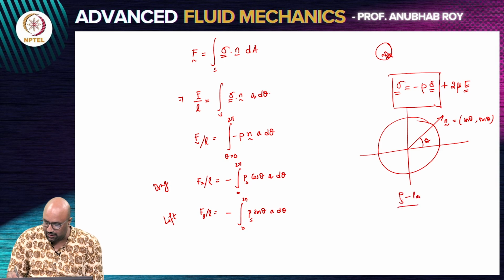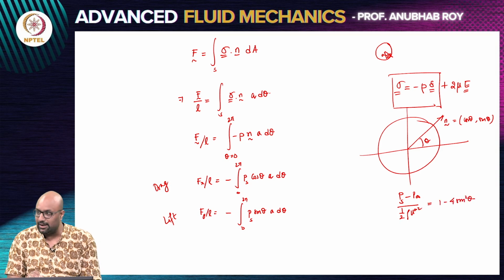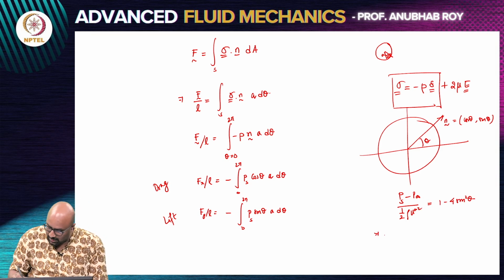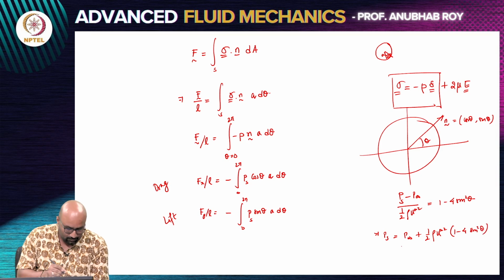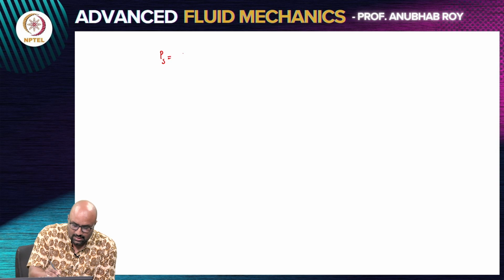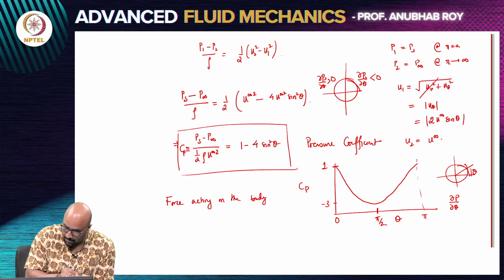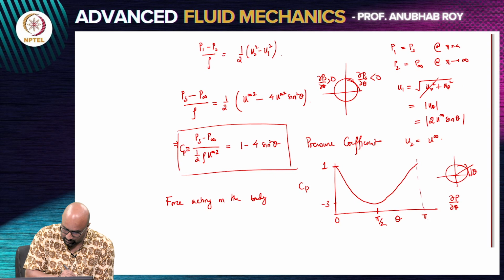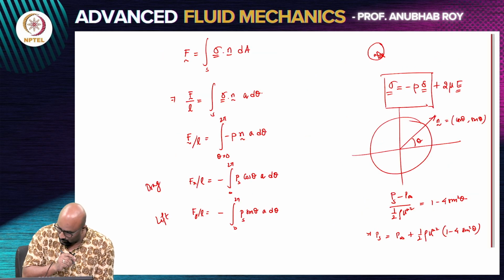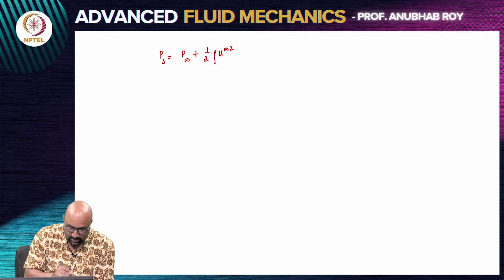So (Ps minus P infinity) over half rho u infinity square is equal to 1 minus 4 sine square theta, which means Ps is P infinity plus half rho u infinity square, and then minus 2 rho u infinity square sine square theta.